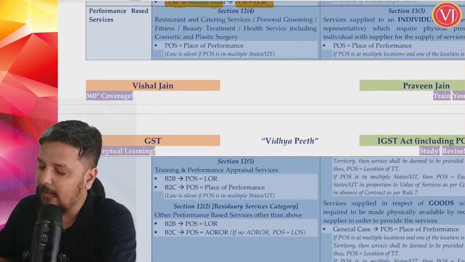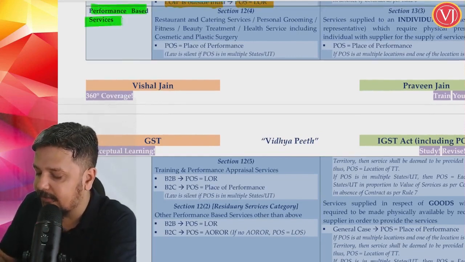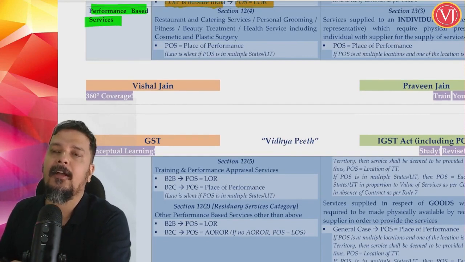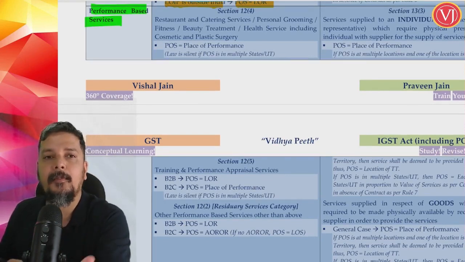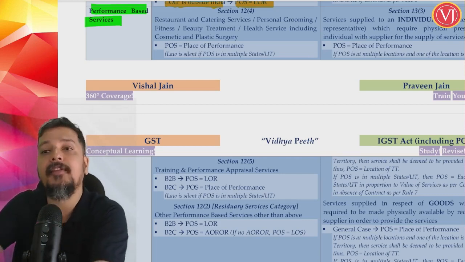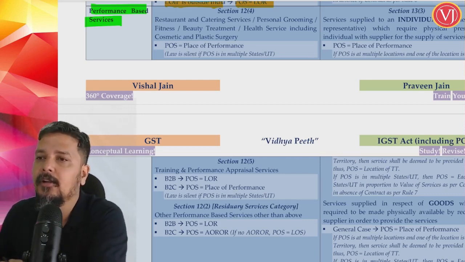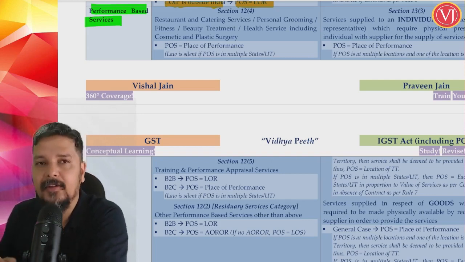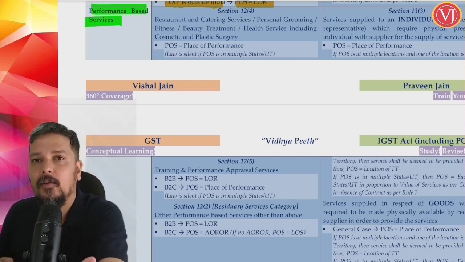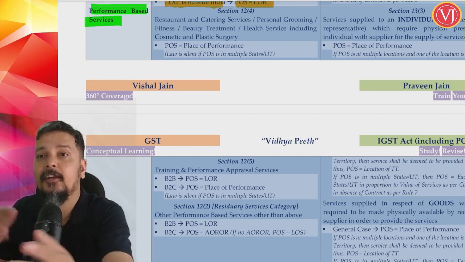Next is a scenario where you're talking about performance-based services. Now, what are performance-based services? You're going to perform something on the goods or on the individual. When you're talking about performance-based services, in section 12 they specially mention them in two different places.